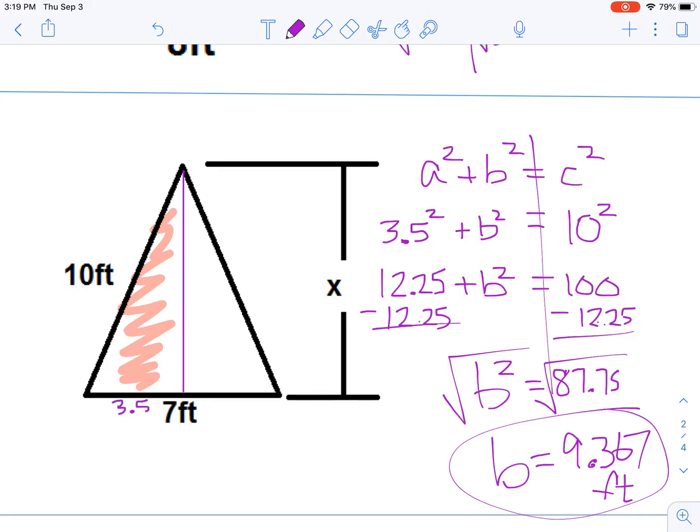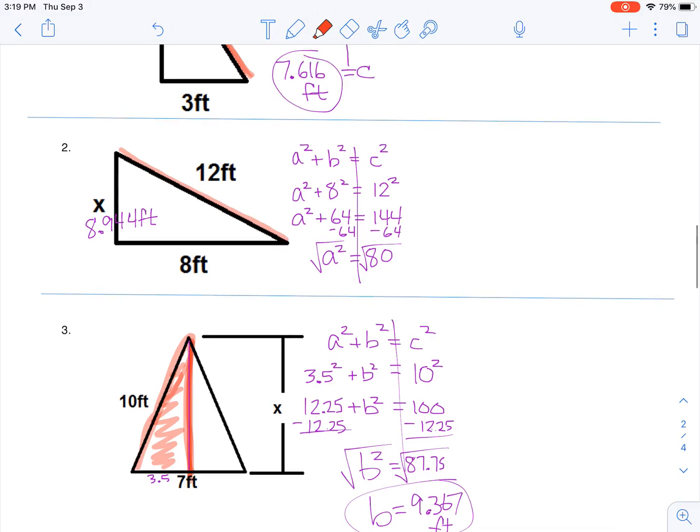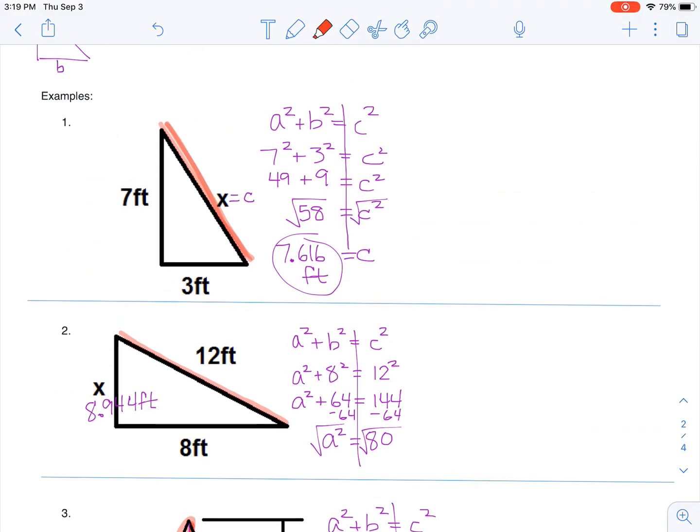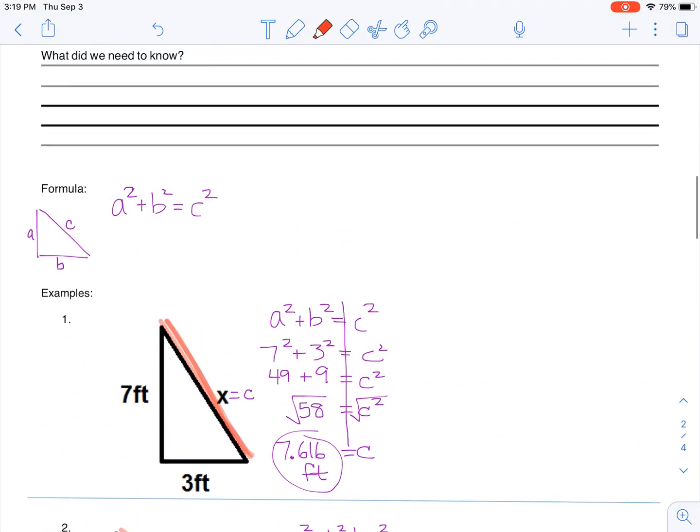All right? And then we ask ourselves, does that make sense? If we're talking about the height, this distance right here, yes, it still makes sense because 10 is still the longest piece of that triangle. And we want to make sure that the hypotenuse is always the longest side of that triangle.